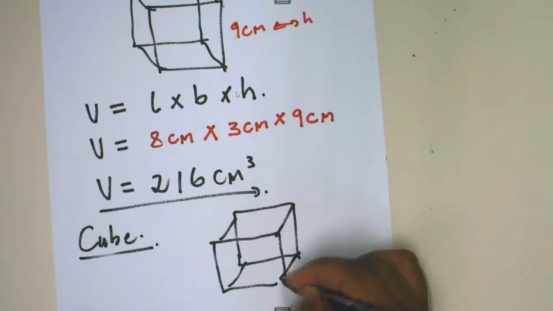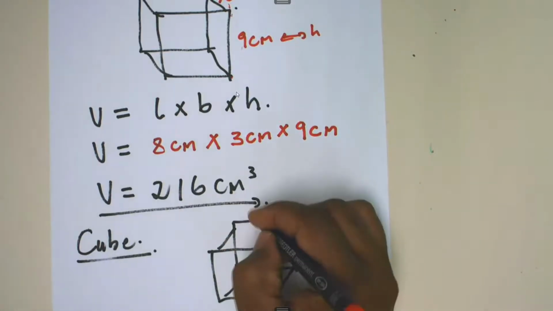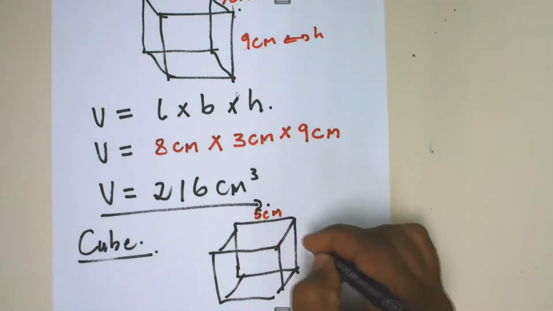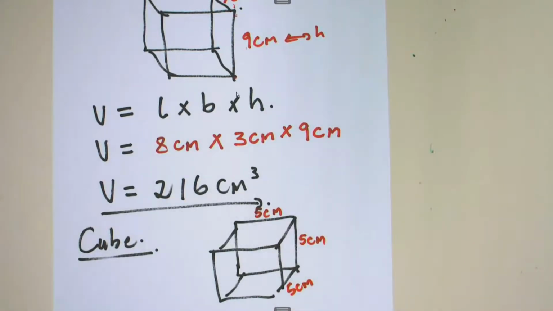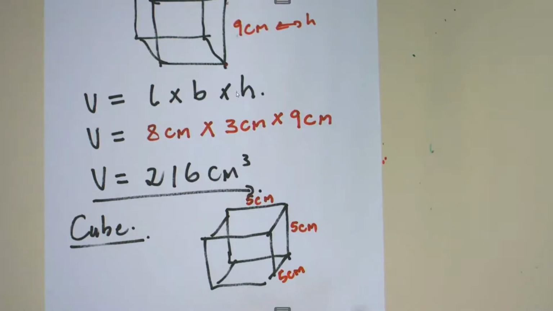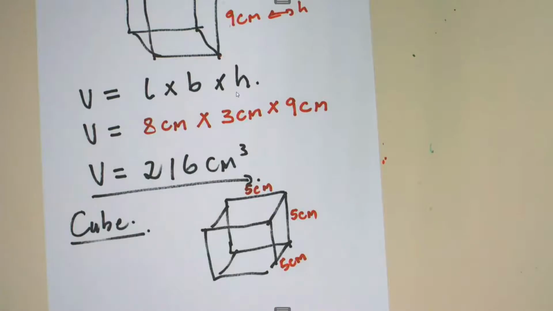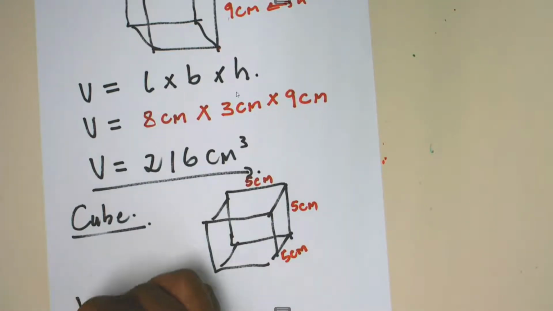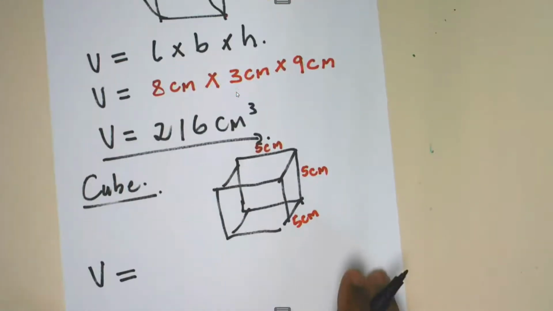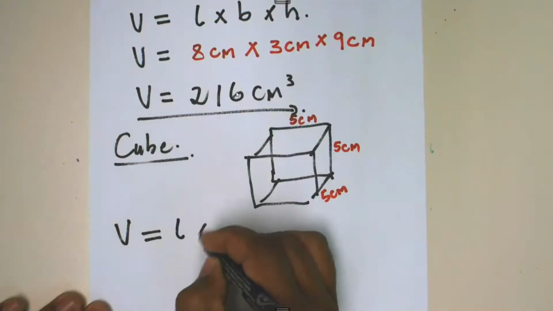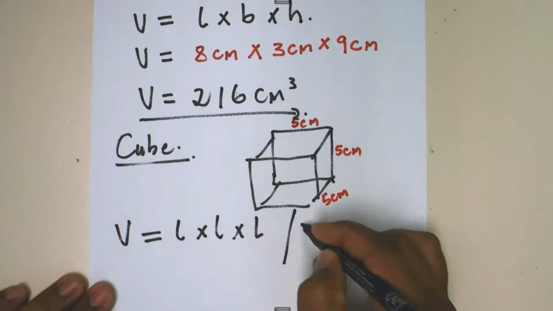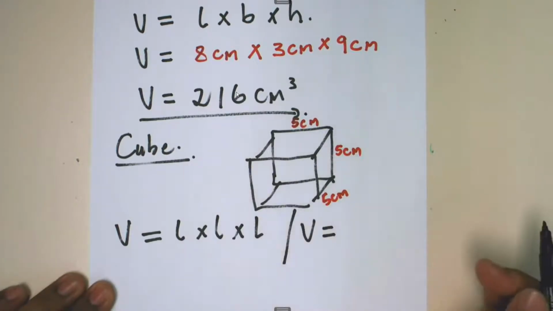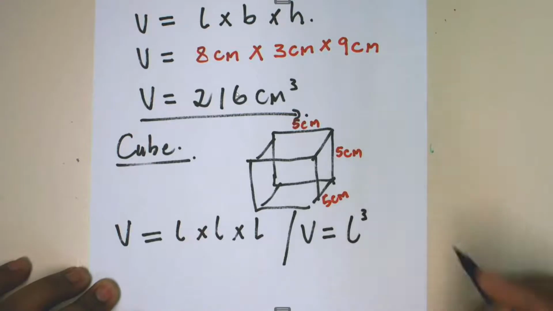It's a cube, and therefore the dimensions are 5 centimeters, 5 centimeters, and 5 centimeters. Therefore, in terms of a rectangular prism, we have length, breadth, height. But here we all have 3 lengths. Hence we said the volume will be given by length times length times length. Or one can say the volume, V stands for volume, L to the power of 3.